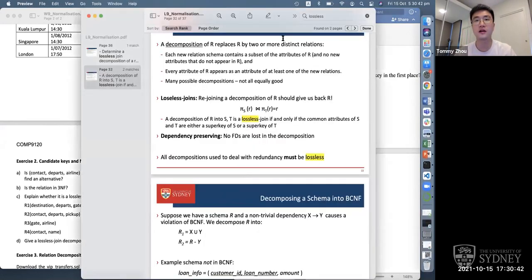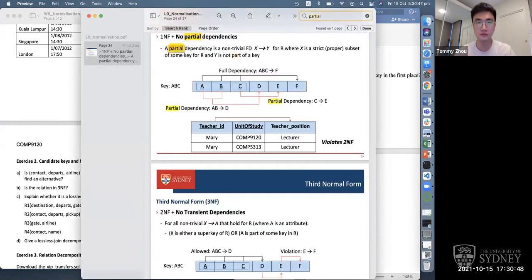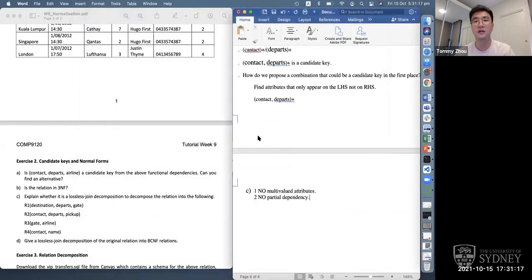If you go to the lecture, so partial: we know the key is A, B, and C, while at the same time, A and B together would also determine D. That means AB, as part of the key, can also determine some other non-prime attributes. That means this is a violation against second normal form. So this table is not in second normal form.